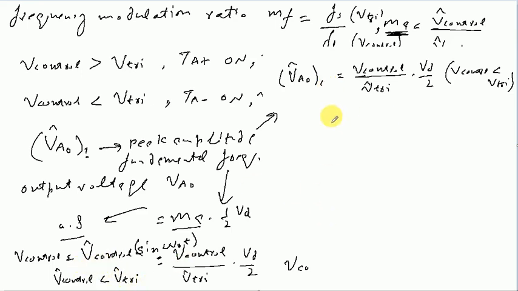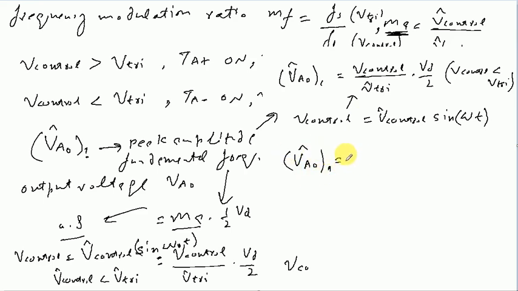In this equation we have also come to know that V control, or the carrier signal, is just the representation of it. And again, this one is there for this particular case as well. So if we substitute this value into this equation, what do we get for the fundamental frequency component of the output voltage?